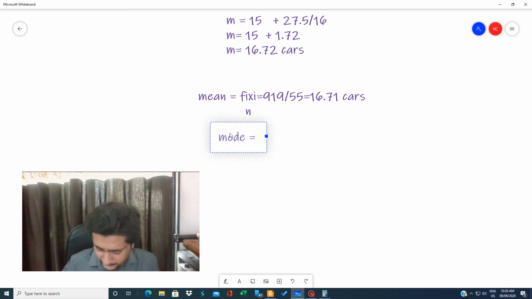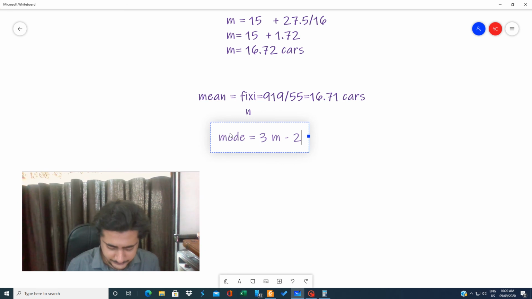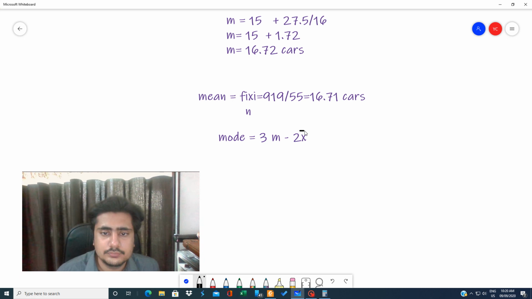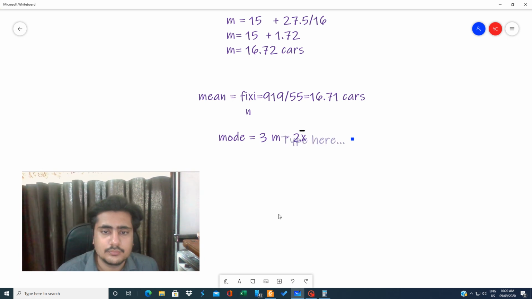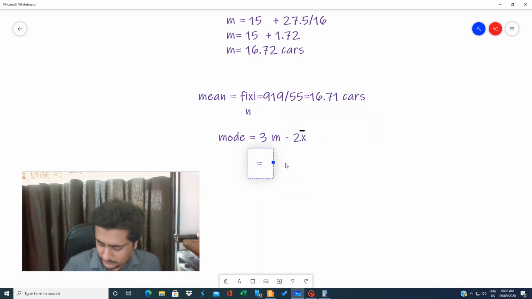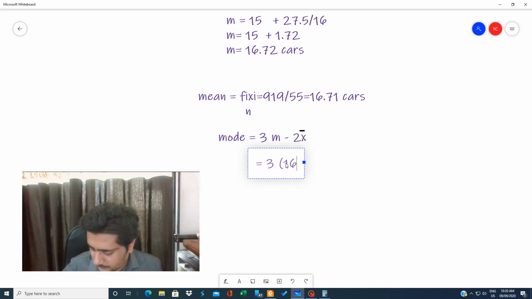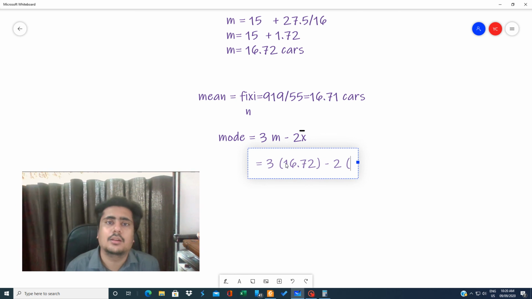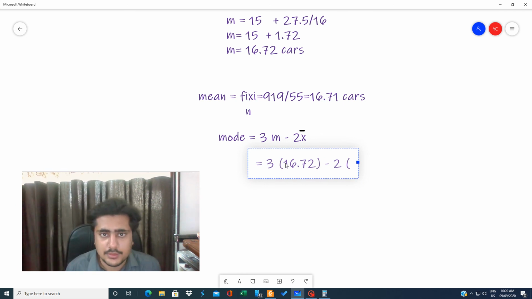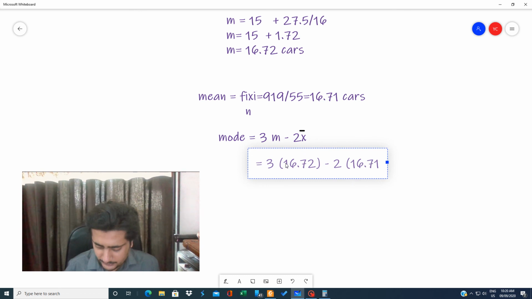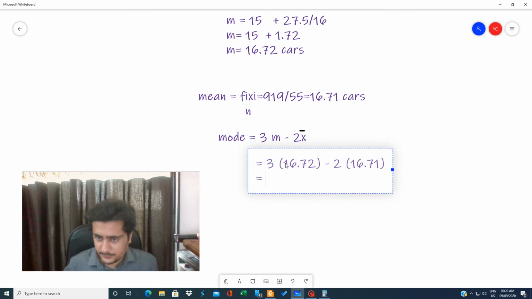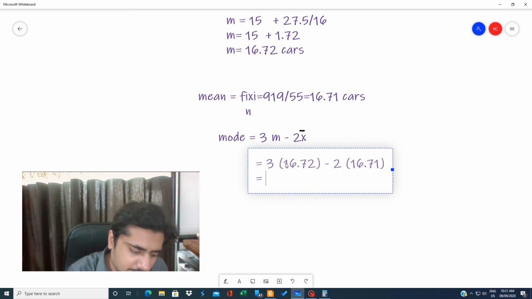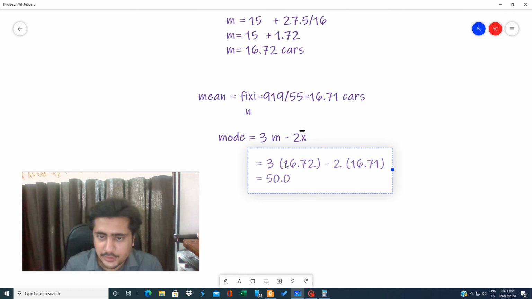Now mode is 3 into median minus 2 into mean. 3 into median 16.72 minus 2 into x bar. What is x bar? It is 16.71.